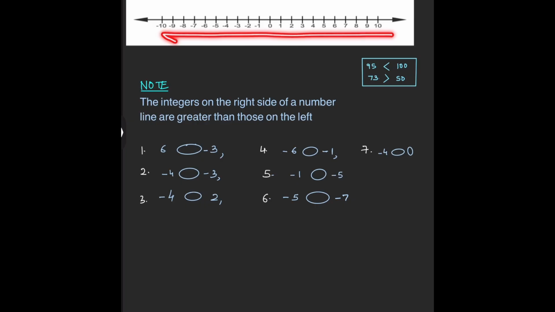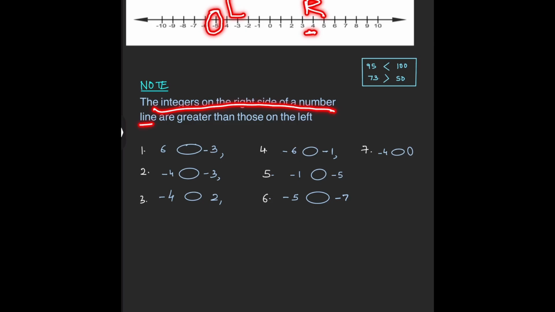Now let us choose two integers, negative 5 and positive 4. This is on the left, this is on the right. The integers on the right side of a number line are greater than those on the left. So positive 4 is greater. I hope you don't have any confusion with this sign, the greater than and less than sign.